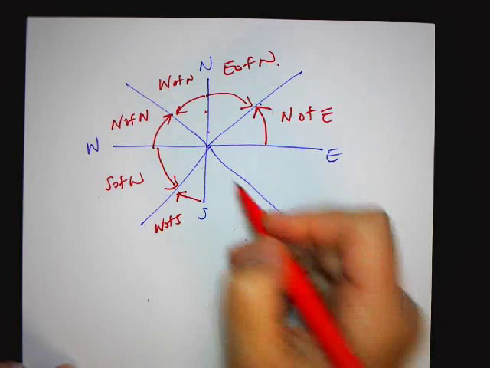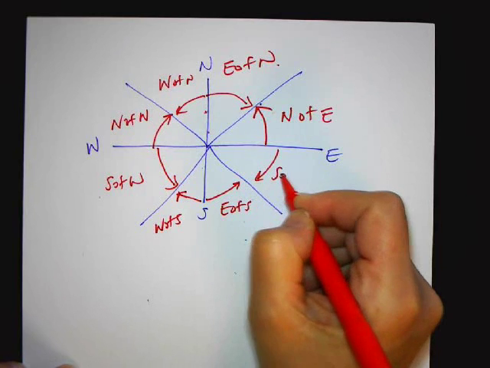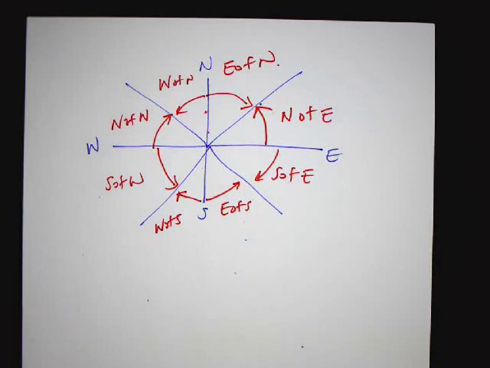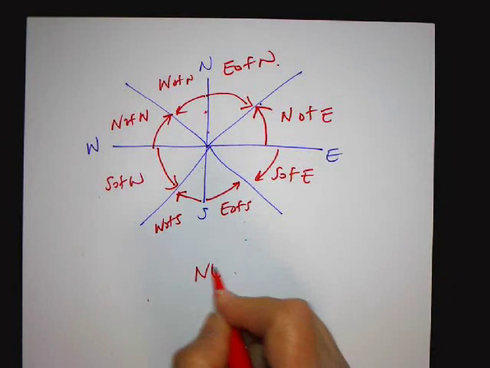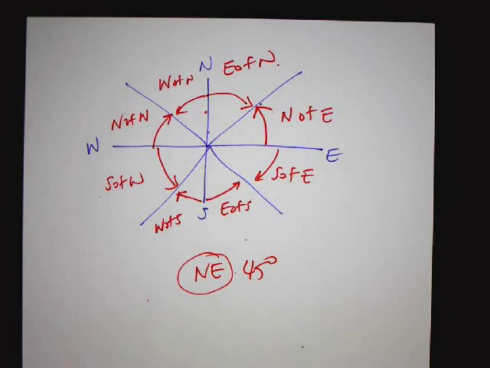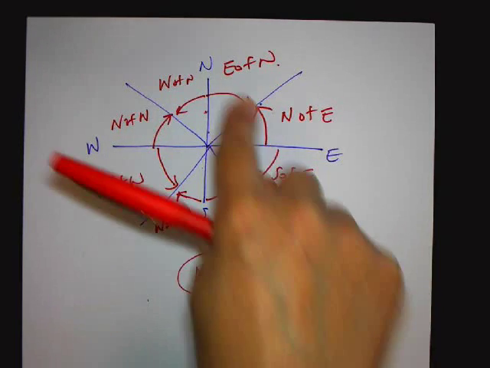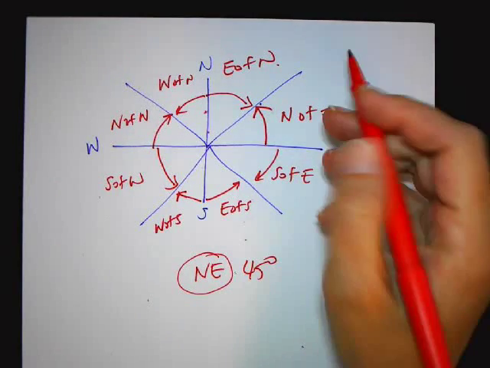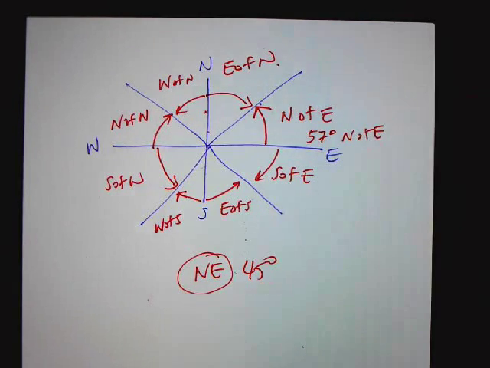Now, if I wrote 57 degrees north of east, and let's say I found a different angle, and this angle was 33 degrees east of north, do these two things mean the same thing? They do, because they're complementary angles. They add up to 90. So 57 degrees north of east or 33 degrees east of north, those are the same thing. They're measuring the same exact angle. So you have to be specific.